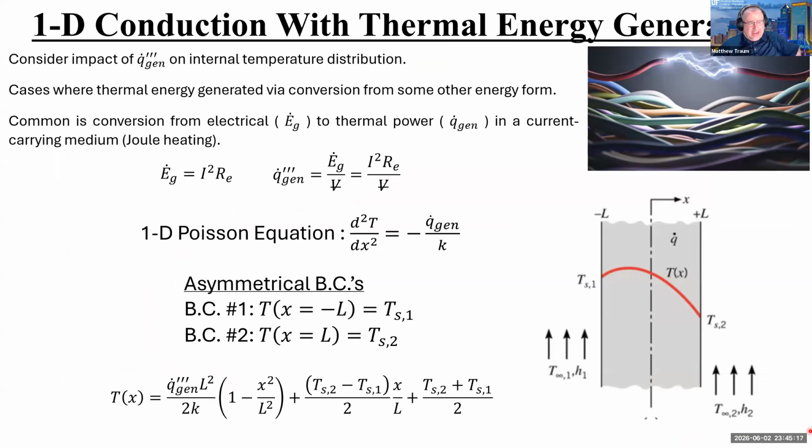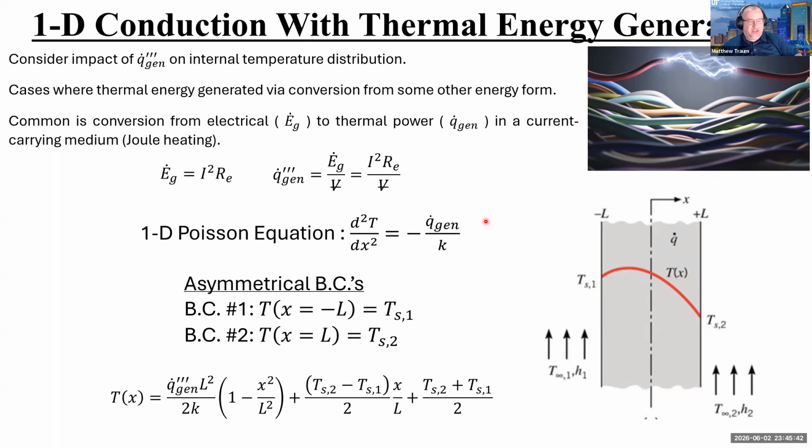So next subject, conduction with thermal energy generation. So we've managed to march our way through at least plane walls and cylinders, and by extension spheres, although I didn't talk about spheres, for one-dimensional conductive heat transfer without any thermal energy generation inside the wall.